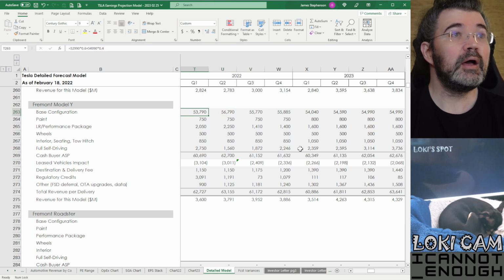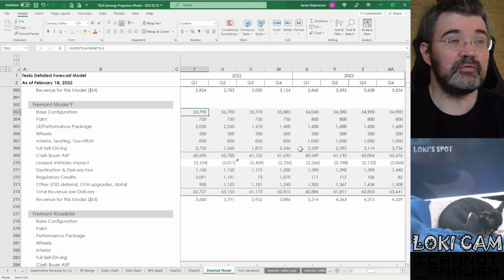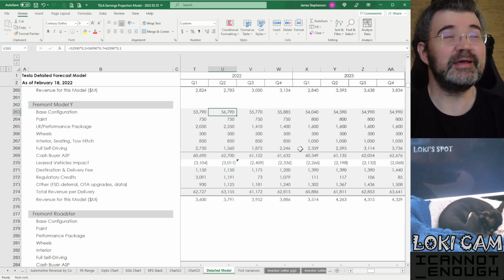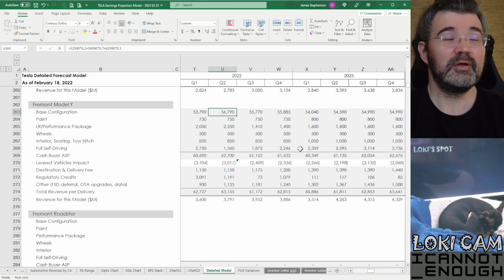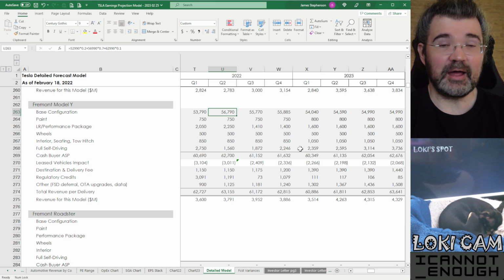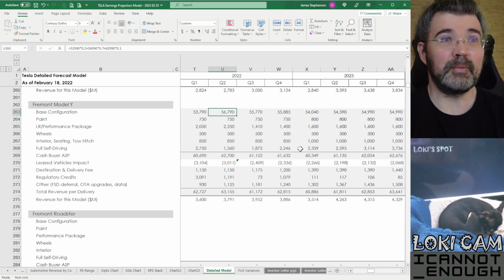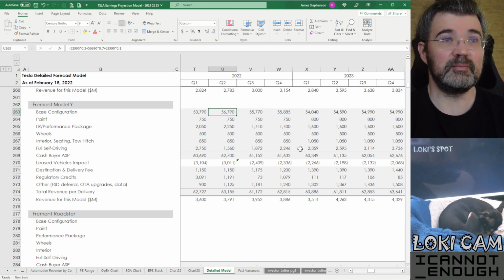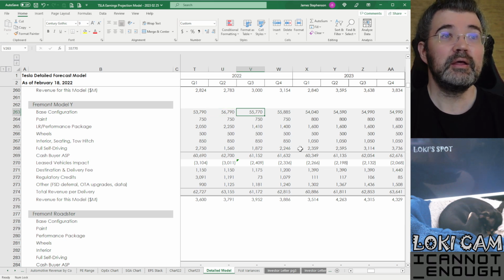Well, it was a mix of $52,990 and $54,990, and there was a $62,990 price point beginning in Q2. I had a very low take rate on that price point, believing that most of what Tesla was going to deliver in Q2 would be at the lower prices they had been charging previously.